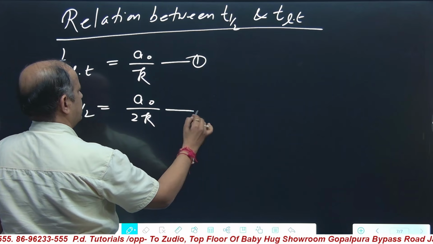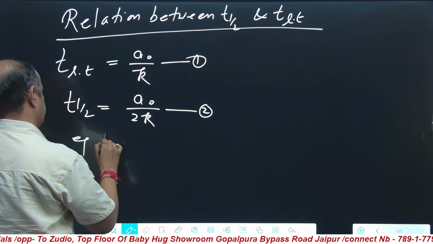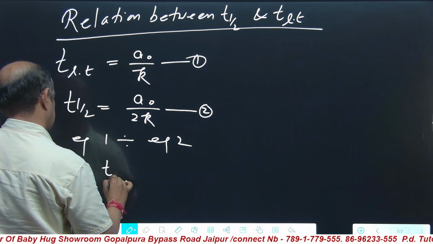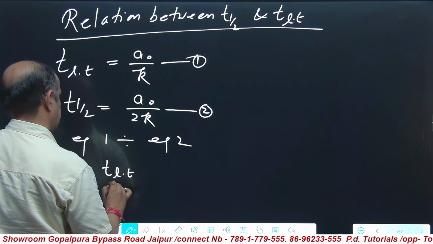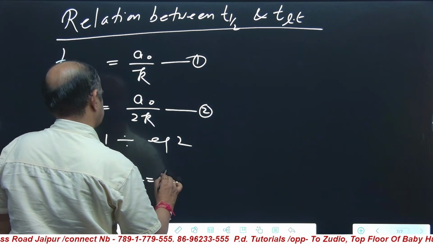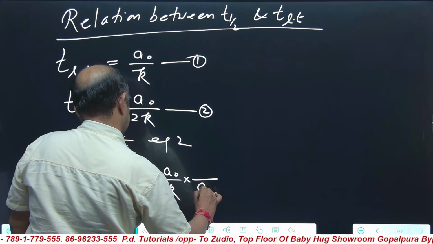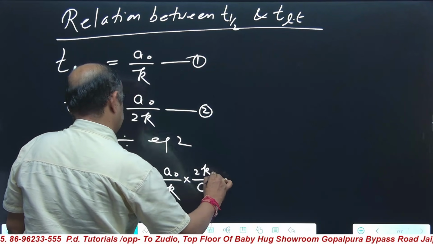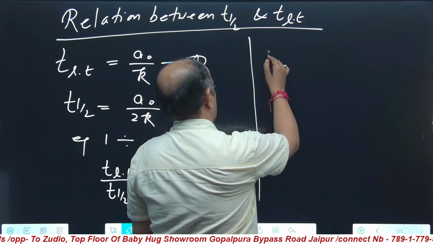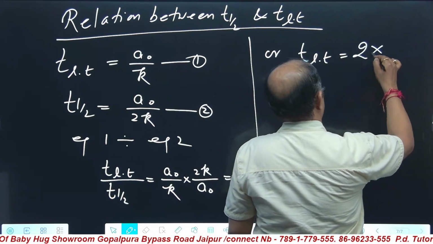Both are dependent on A naught. Equation 1 divided by equation 2: T_LT by T half equals A naught by K divided by A naught by 2K, which equals 2, or T_LT equals 2 into T half.